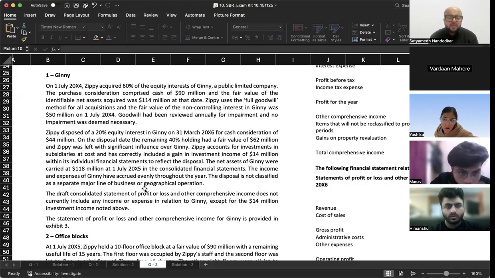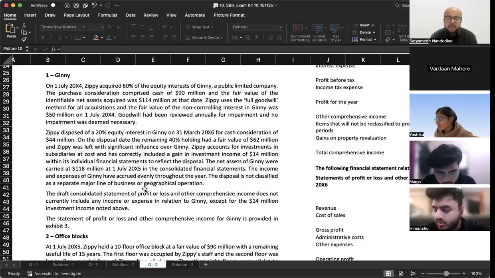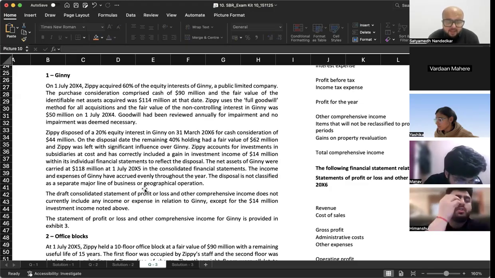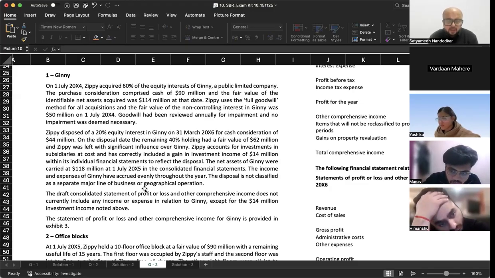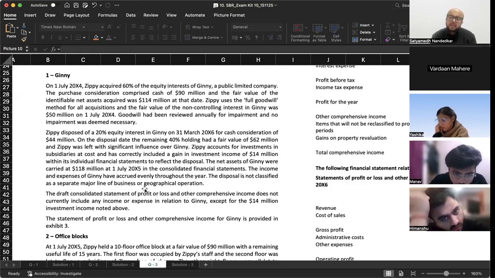Zippy disposed of a 20% equity interest in Ginny on 31st of March 2006 for cash consideration of 44 million. On the disposal date, the remaining 40% holding had a fair value of 62 million and Zippy was left with significant influence. Zippy accounts for investment in subsidiaries at cost and has correctly included a gain in investment income of 14 million within the individual financial statements to reflect the disposal.